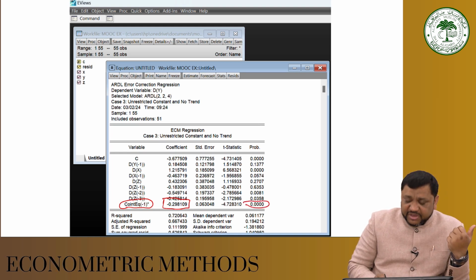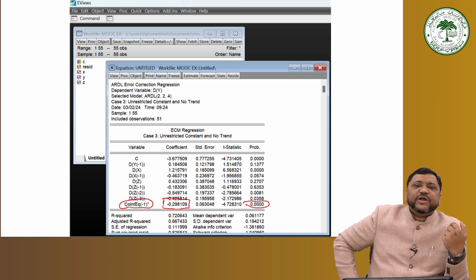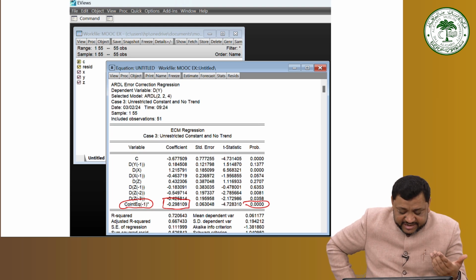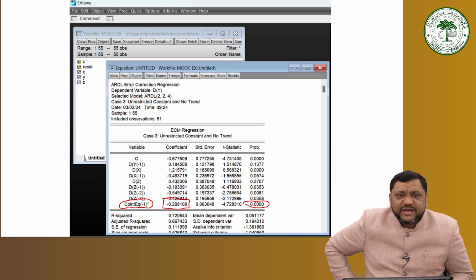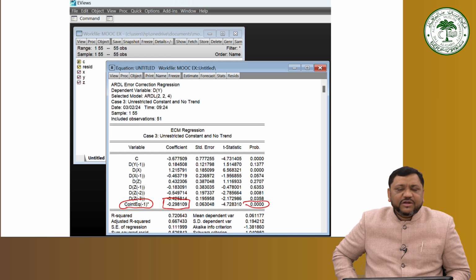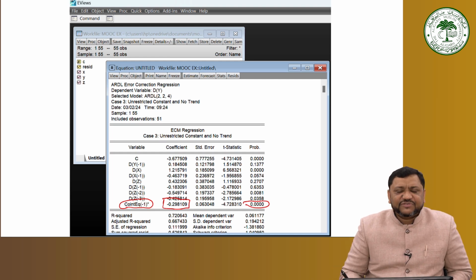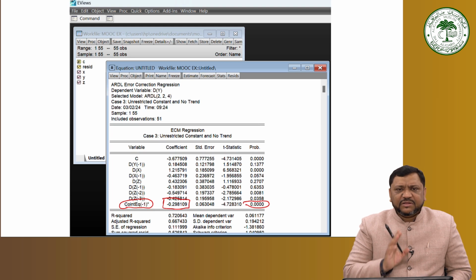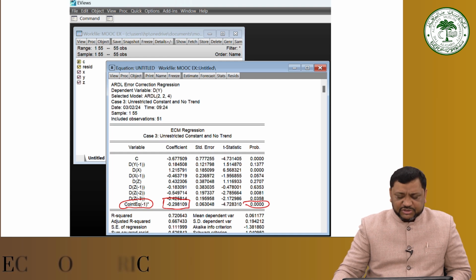And if you see, the p-value is also 0.000, meaning the p-value is less than 0.05. This indicates that the error correction term is significant. So all three conditions are satisfied, and we can say that there is a chance of presence of a co-integrating relationship. But we have to check a few other things also over here.